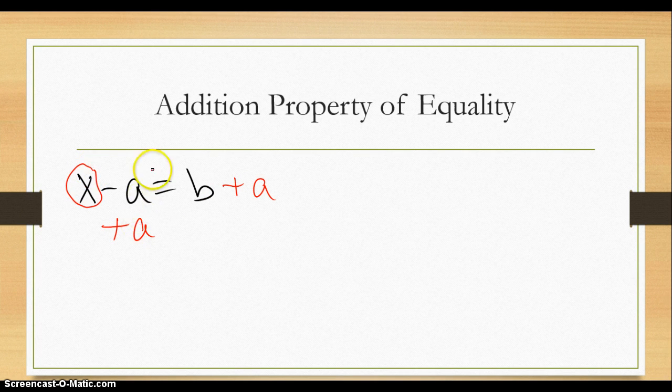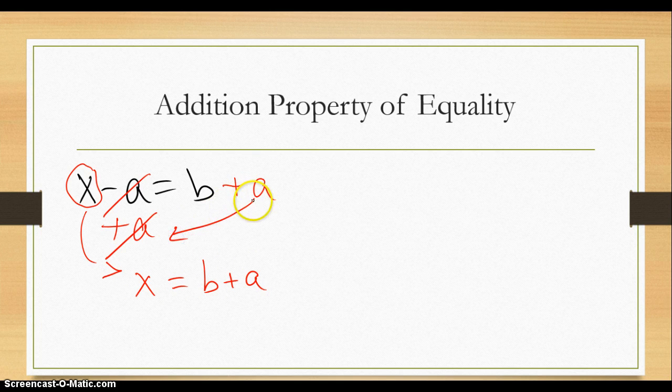Since it's a negative a, I need to add a so that they cancel each other out, leaving x equals b plus a. The property tells me whatever I do to one side, I have to do to the other side. So if I add a on the left side, I have to add a on the right side.